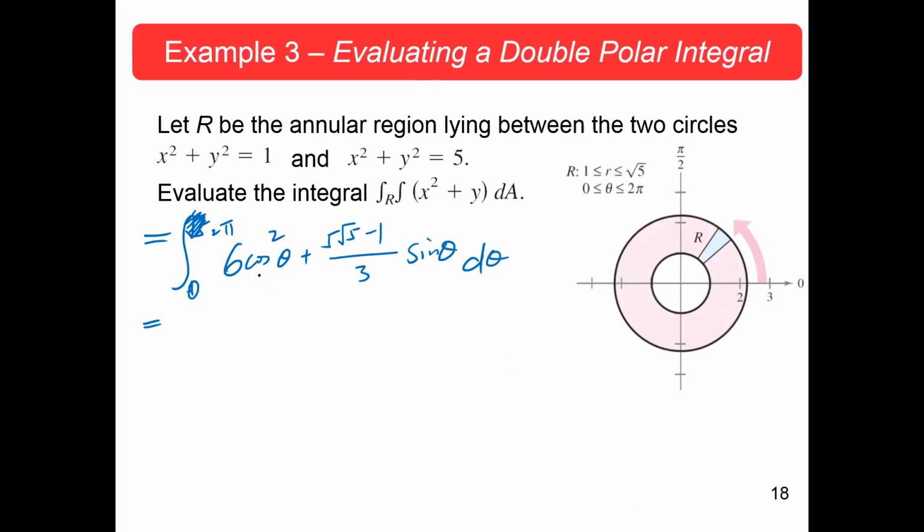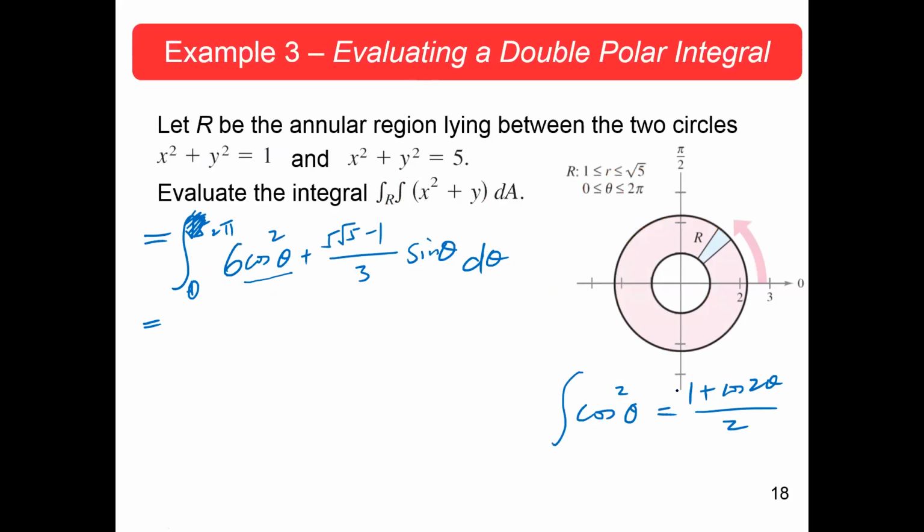How do you find the antiderivative for cosine theta squared? Any thoughts? You could probably rewrite it. Yes, you have to rewrite it using a double angle formula, right? So cosine theta squared equals 1/2 times 1 plus cosine 2 theta, if you use the double angle formula.